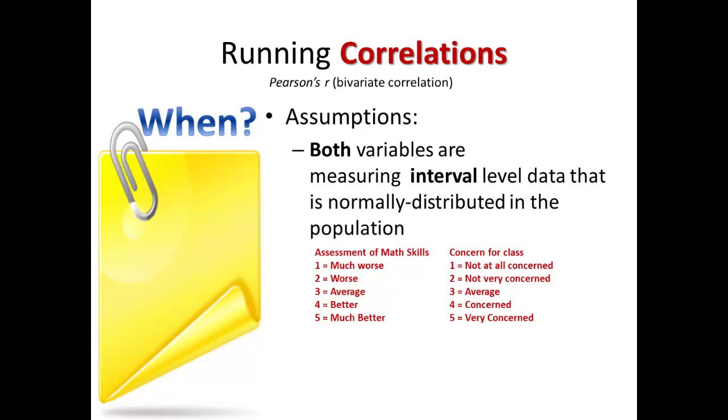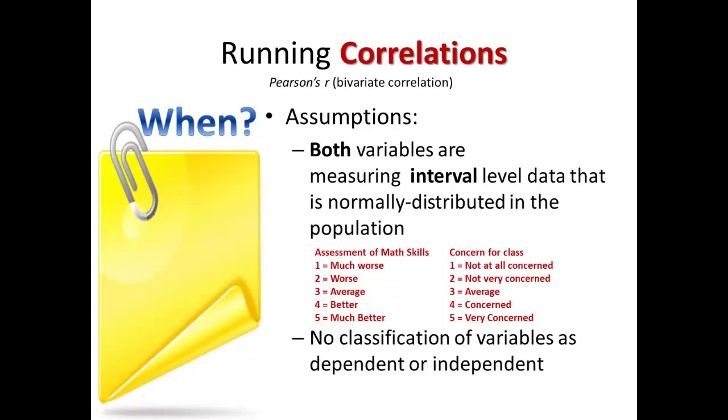Unlike t-tests and ANOVA tables, in this case both variables are interval level data. In the t-test and ANOVA tables that you ran before, the independent variable had to be nominal or categorical level data. In this case, we do not need to classify the variables as dependent or independent.